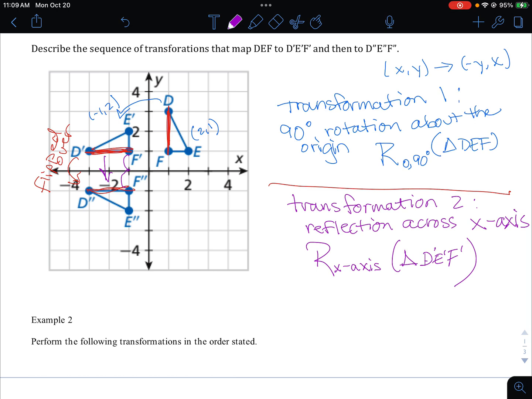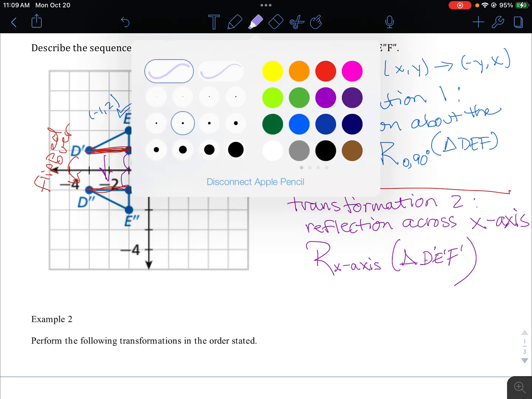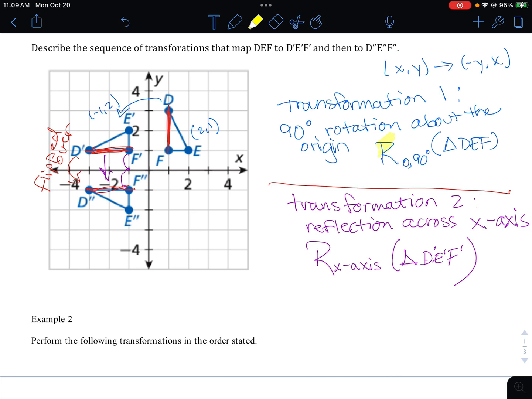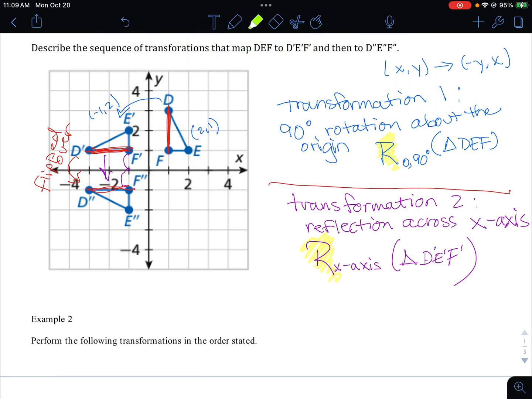So notice they both have R's. We're back to this again because this is troublesome for a lot of people a lot of the time. They both have R for their big notation, but when you are doing a rotation, you're going to have some amount of degrees, like 90. When you are doing a reflection, it'll tell you which line to go across, and that's how you know which thing is doing what.